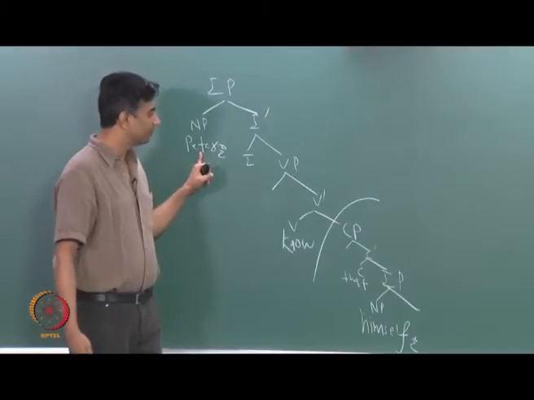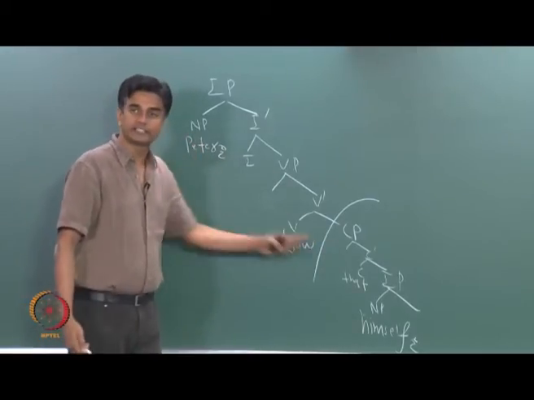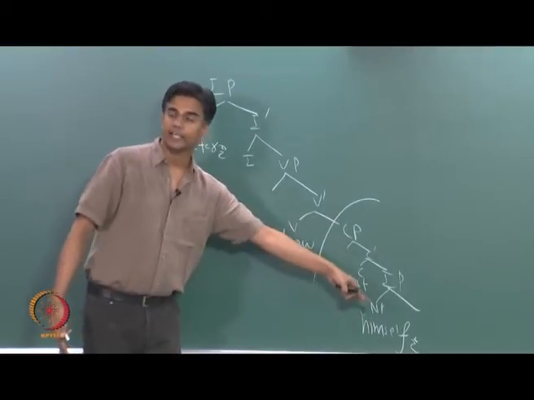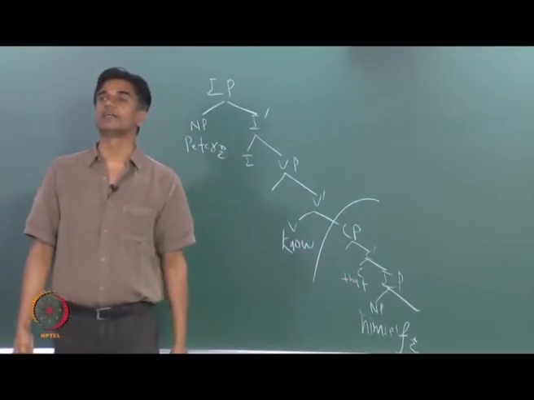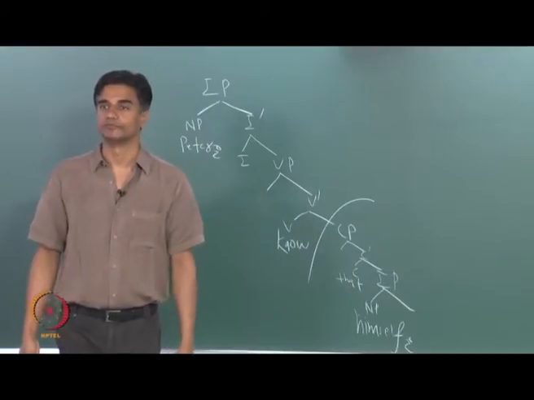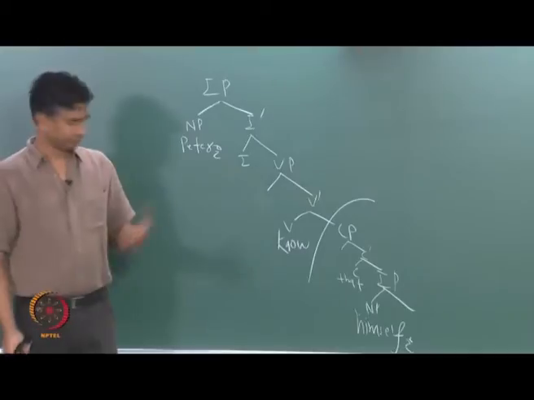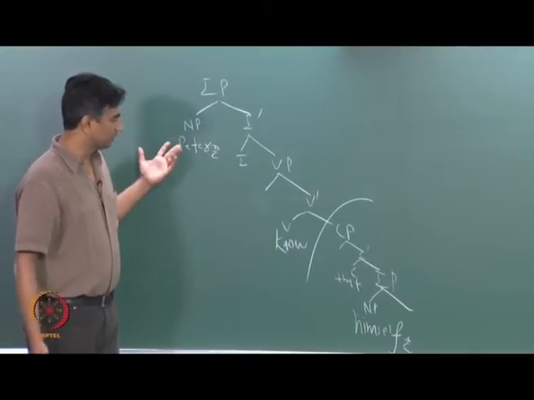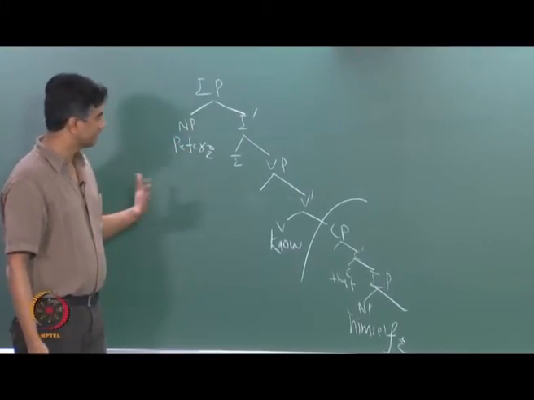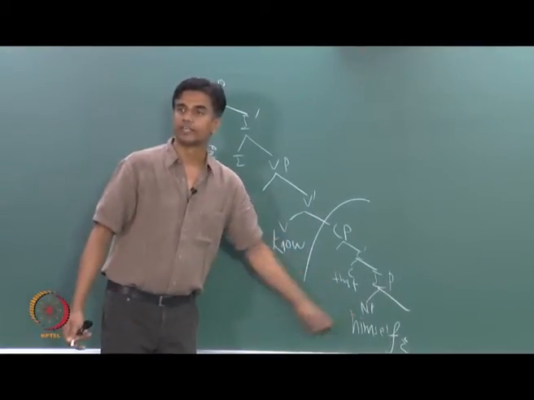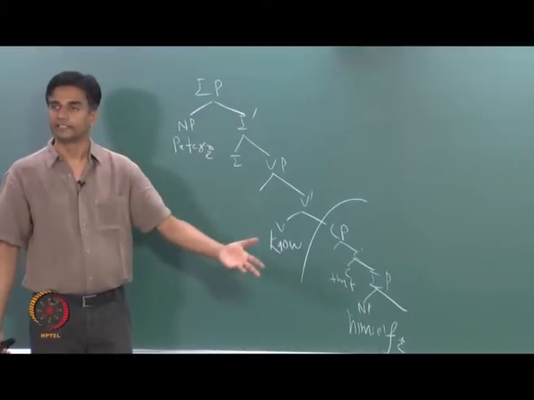Therefore, anything from outside this domain, from outside this IP, intervening to C command another element is not going to be possible. So actually when I said this C commands himself, it is not completely right.